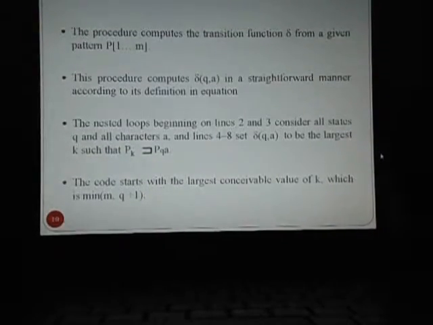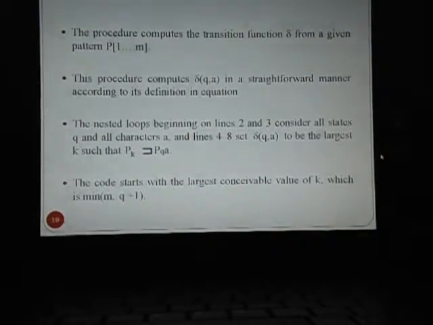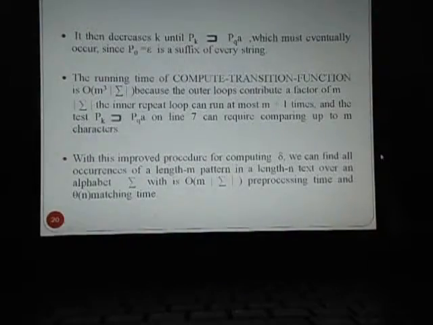This code starts with the largest considerable value of k, which is the minimum of m comma q plus 1. It then decreases k until pk is a suffix of pqa. This must eventually occur since p0, which is epsilon, is a suffix of every string.